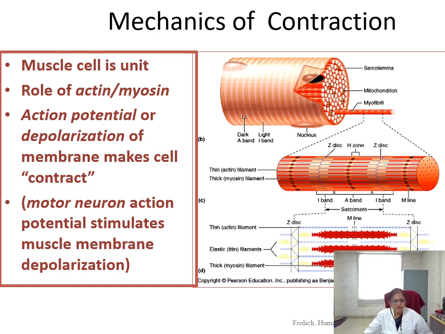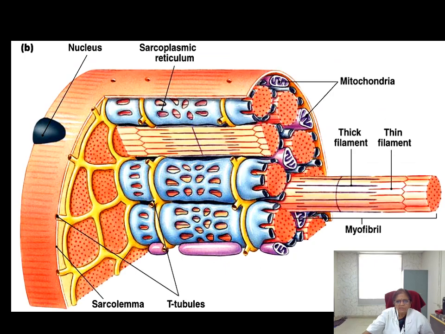Since it connects with the skeletal muscle and helps in muscle contraction, it is also called a motor neuron. Once the motor neuron spreads its action potential by releasing acetylcholine at the junction called the neuromuscular junction, it will cause depolarization of these muscle fibers.